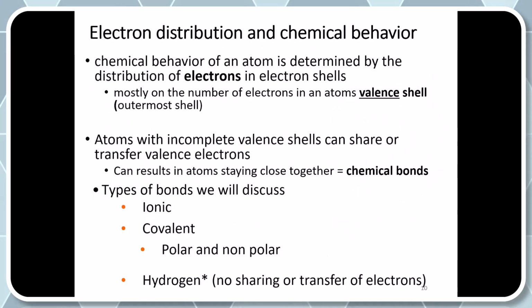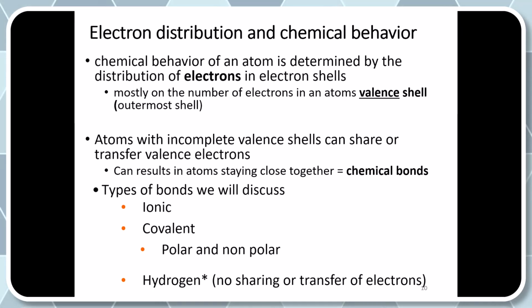The chemical behavior of an atom is determined by the distribution of electrons in the electron shells, in particular the electrons in the outermost shell, which is called the valence shell, is important. When atoms have incomplete valence shells, they are going to share or transfer electrons with another atom, and that will bring those atoms closer together.